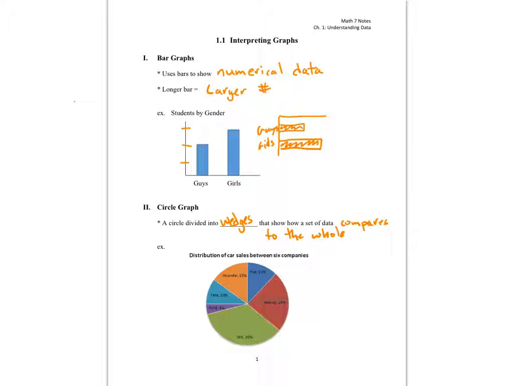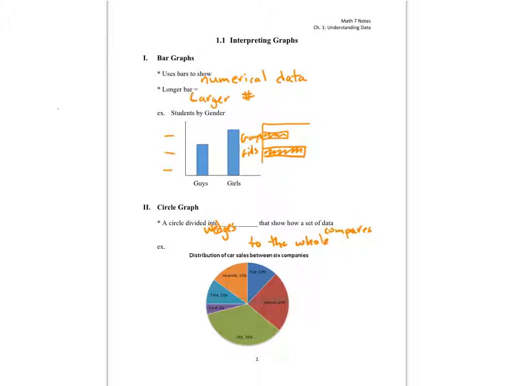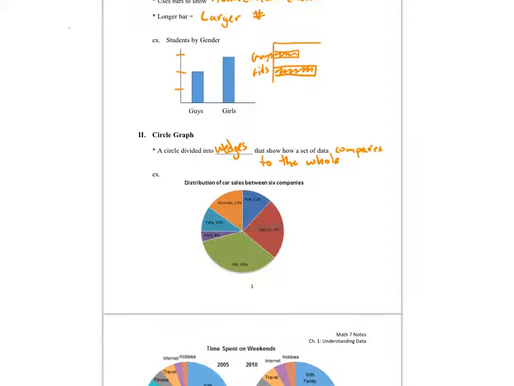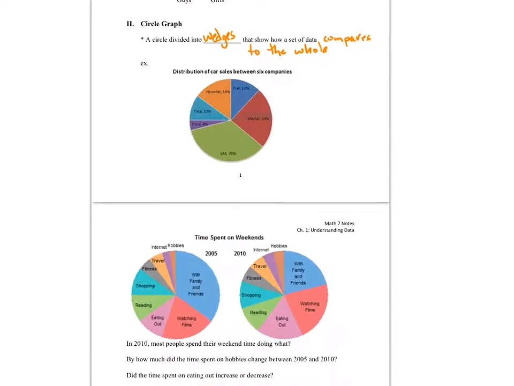For example, there you've got the distribution of car sales between 6 companies. All of the car sales would be the whole circle, and each wedge, each different color, is one company. Sometimes they're called a pie chart.